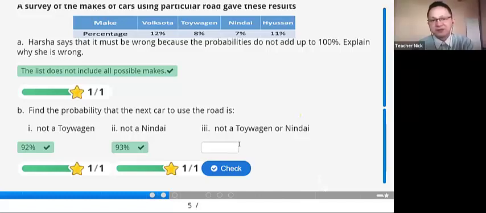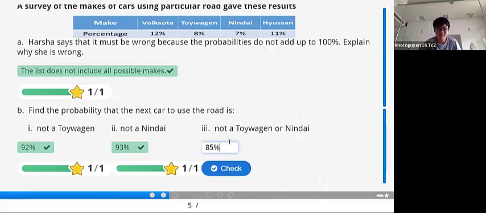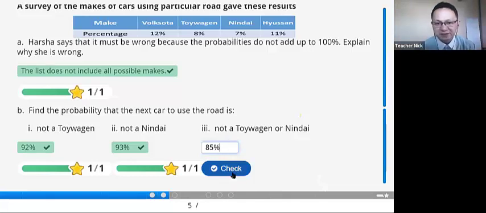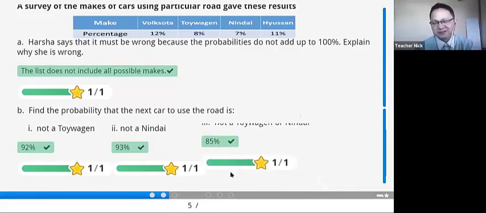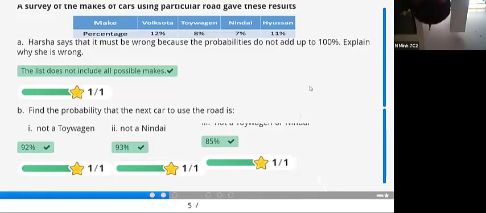Ah, okay. Because you have in Toy Wagon 8% and Inday has 7%. So you have 100% minus 8 minus 7. So the answer is 85%. All right, let's check. Wow, very good. Okay, that's correct.